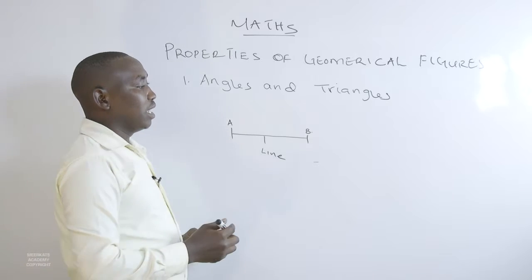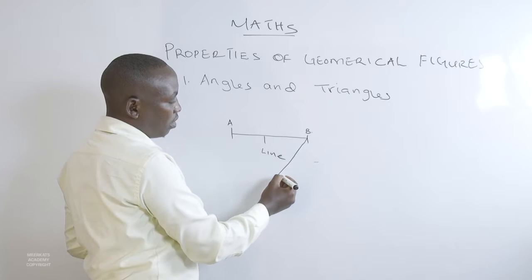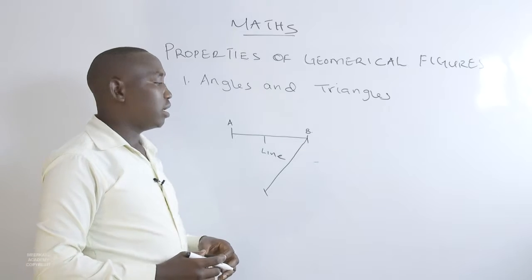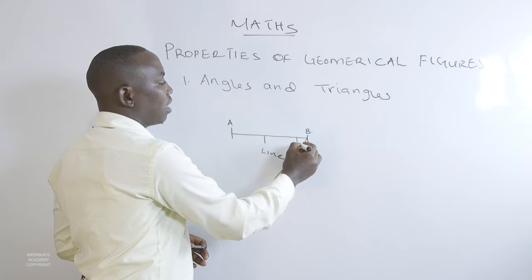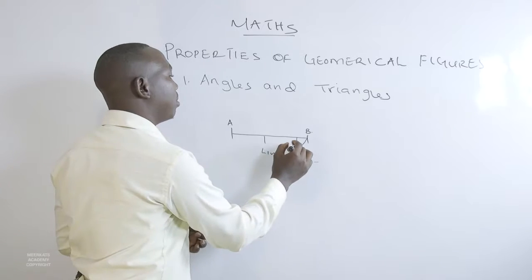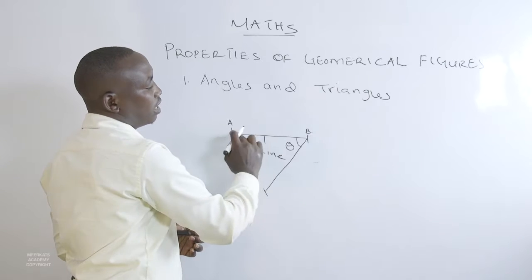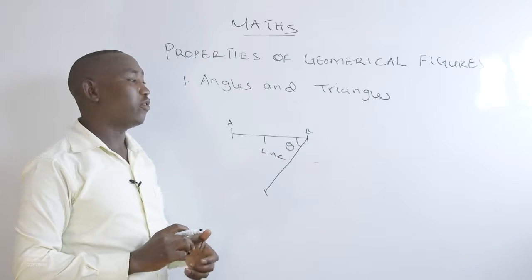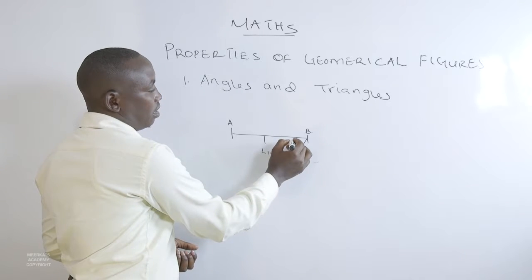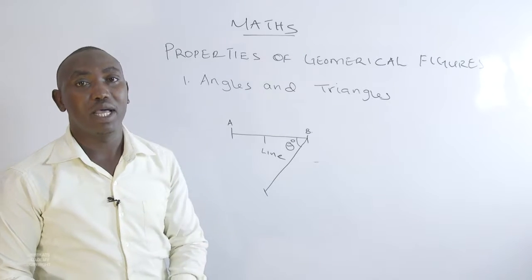And we said that whenever we join more than one line at one point of intersection, it forms what we refer to as an angle. So in this figure, the two lines are forming an angle of size theta degrees. So I would like to make a commencement on that.